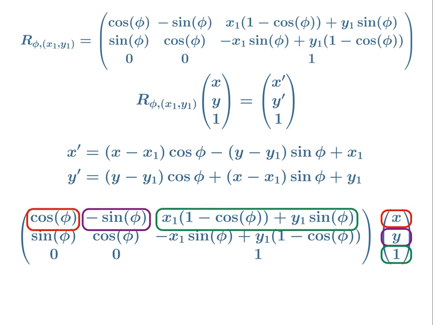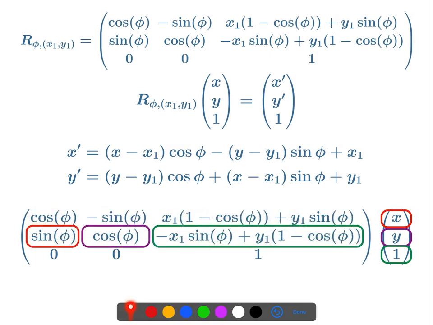Let's look at the next row and dot that with xy1 and see if we get y prime. You can see we're going to get x times sine of phi. We have an x times sine phi. We're going to get cosine of phi times y. In y prime, we see a y times cosine of phi. And then we want 1 times this.